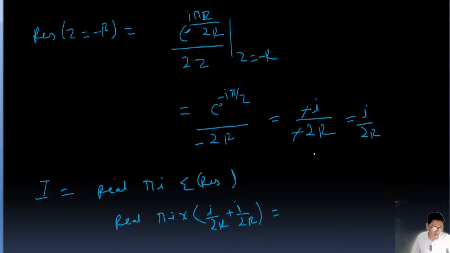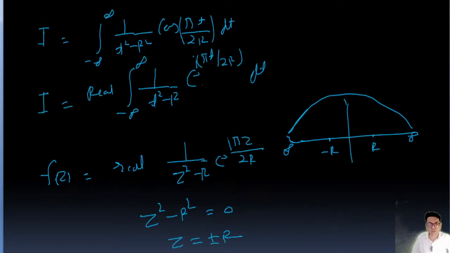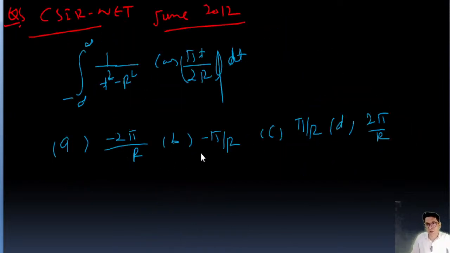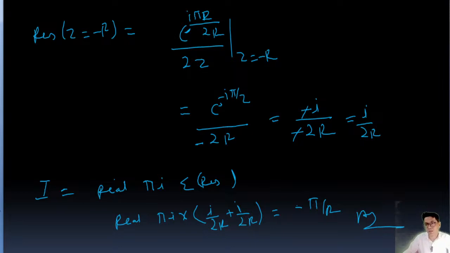Okay, so this value is going to be iota minus iota, right? This is iota square, and the 2 will get cancelled, so this is going to be minus pi by r. So this is the real part, so the answer is minus pi by r. So which option is matching? Option B, minus pi by r. Okay, this is the value, guys, minus pi by r.